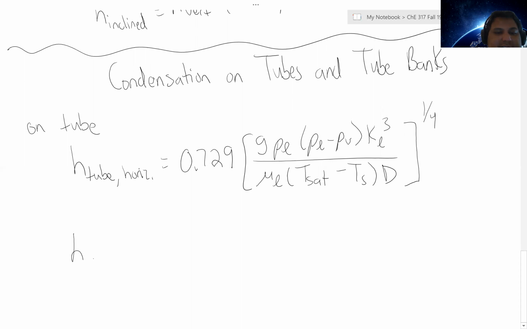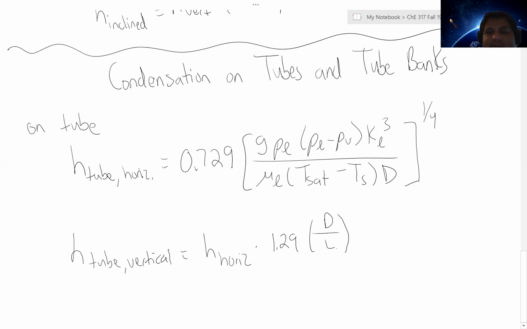And for a vertical tube, our H horizontal times 1.29, diameter of the tube over the length of the tube to the 1/4 power.